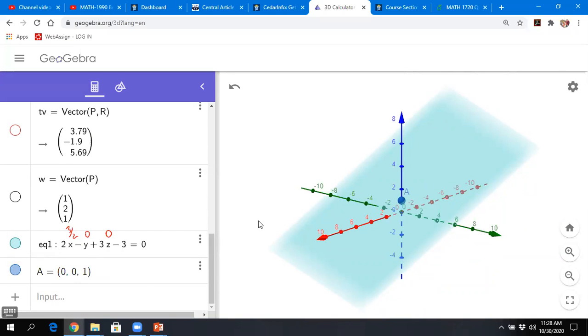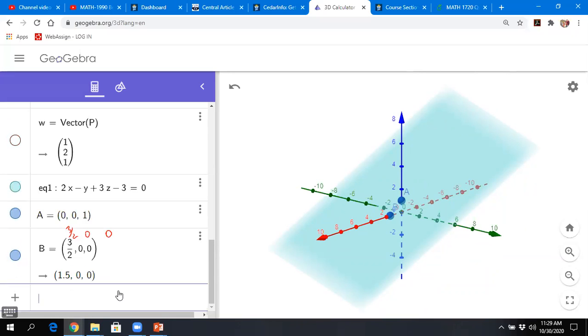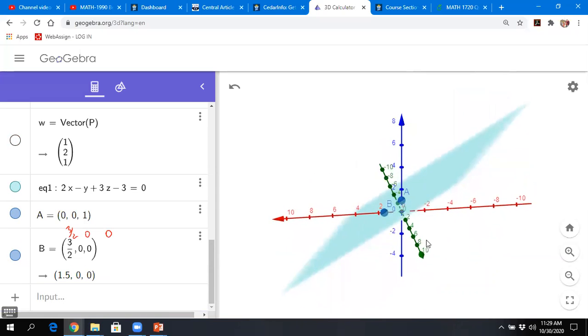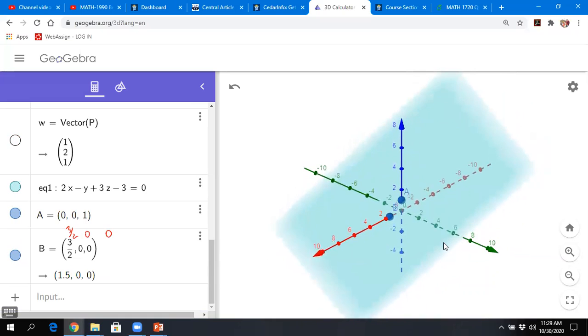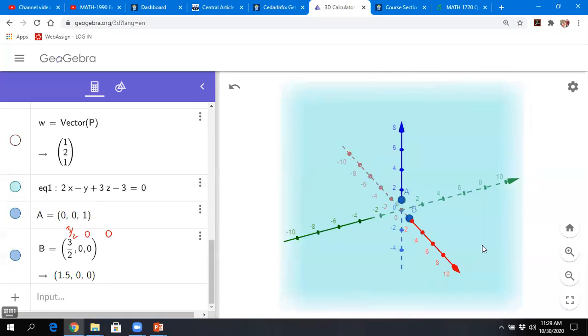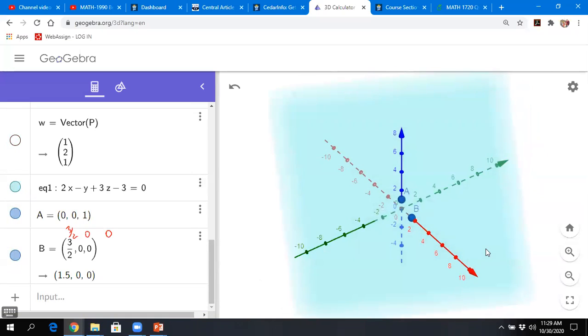So another point on here would be (3/2, 0, 0). And there it is right there. You see that? That's on the x-axis. That's where it intersects the x-axis. So I have where it intersects the y-axis, the z-axis, and the x-axis.